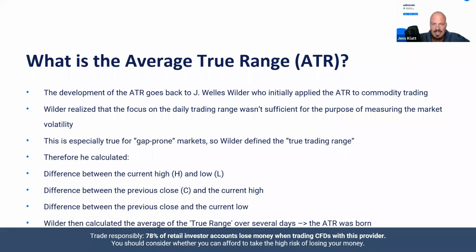So the development of the ATR, as I already mentioned at the beginning, goes back to J. Welles Wilder, who initially applied the ATR to commodity trading. Wilder is also the, let's call it, inventor of, for example, the relative strength index. He's also the inventor, I think, of the CCI, Commodity Channel Index, if I'm not mistaken.